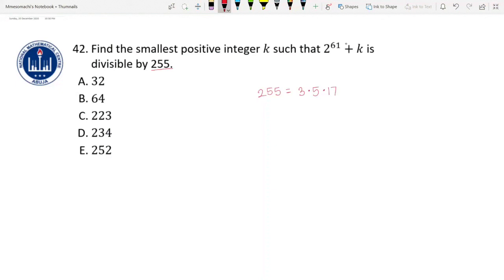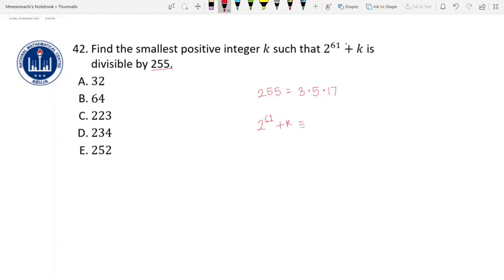Now, 2 raised to the power 61 plus k. For 255 to divide 2 raised to the power 61 plus k, each of these primes must divide it.